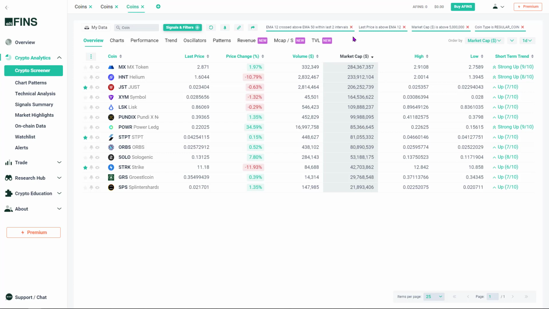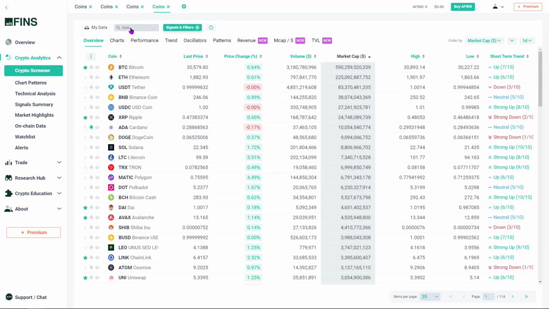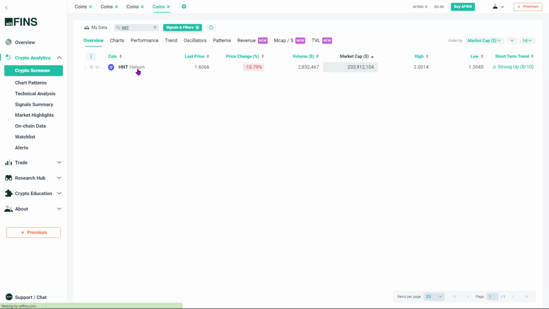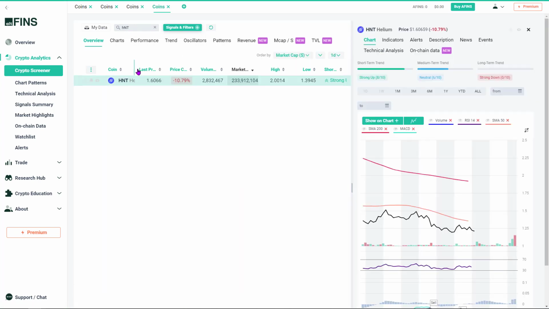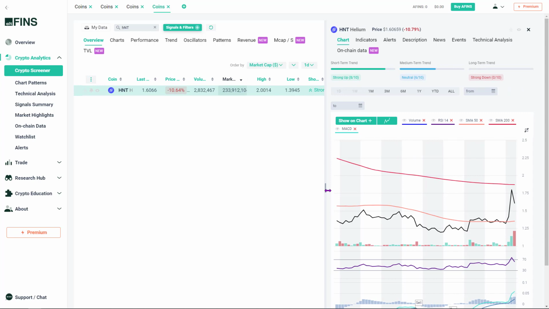And I can also reverse that and say, notify me, for example, if I enter Helium specifically, then I need to create an alert that will notify me that I need to exit my position when the EMA 12 dips back below EMA 50.